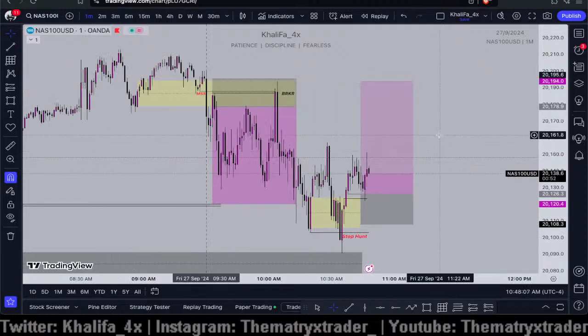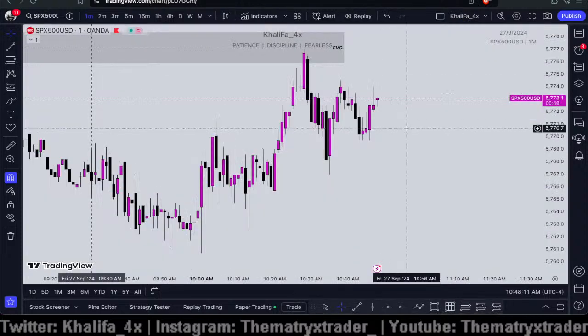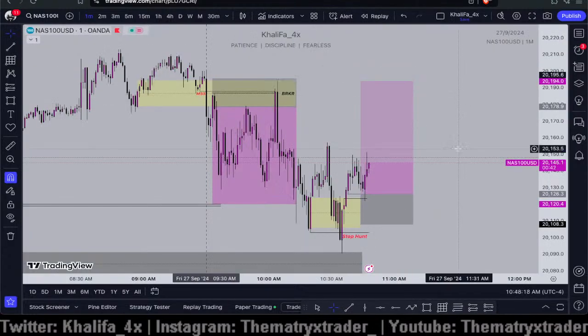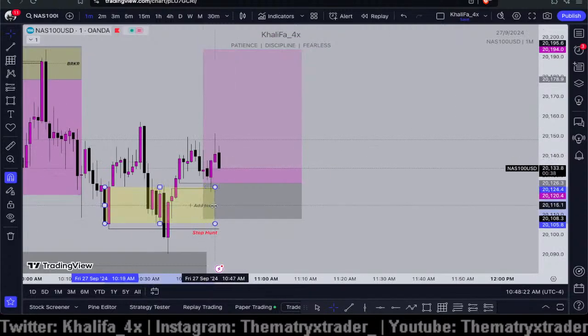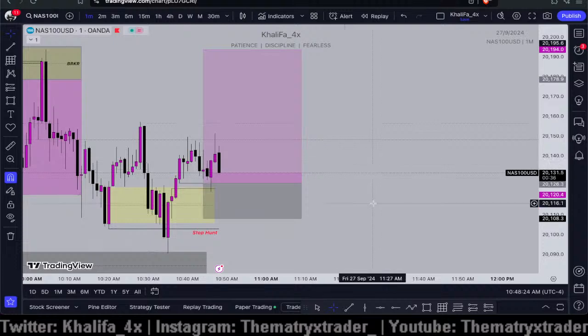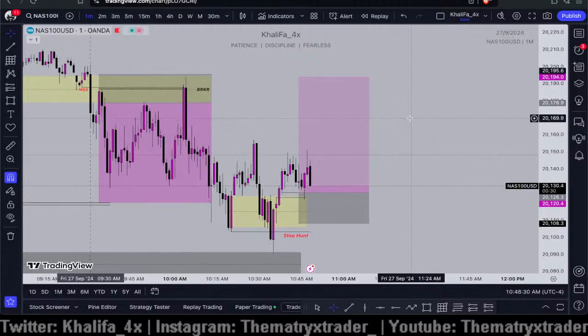Don't risk too much on this, folks, because we still have no confirmation from the SPX to go for buys. But we can still go, not a problem. I'll just wait and watch.